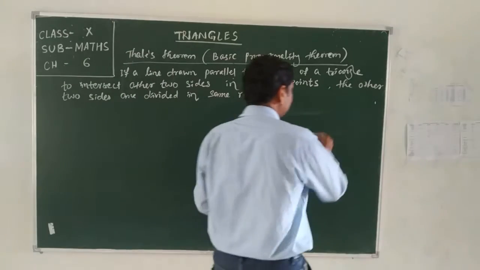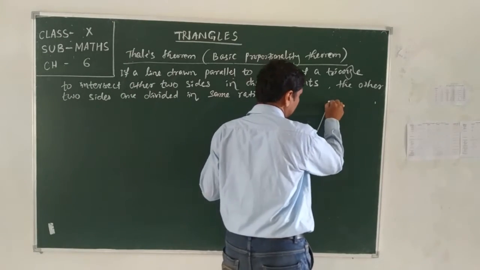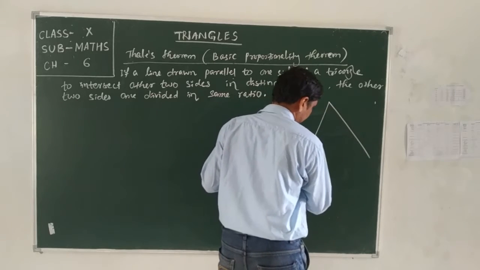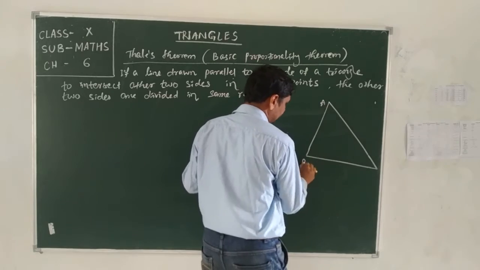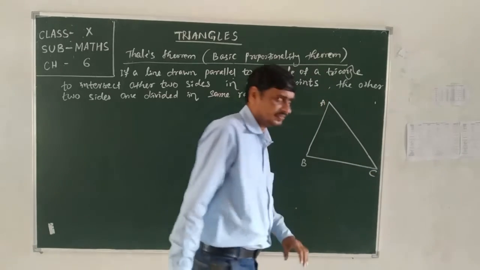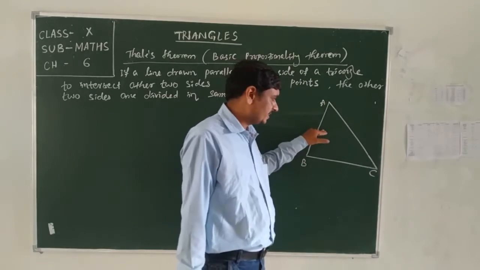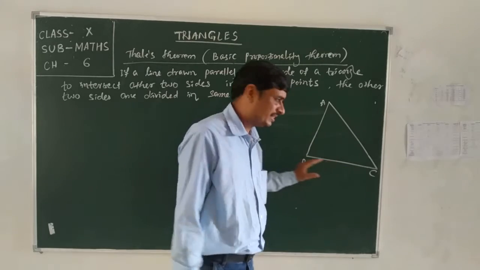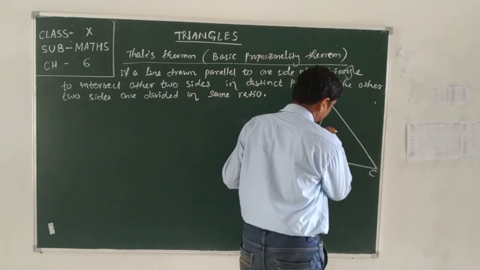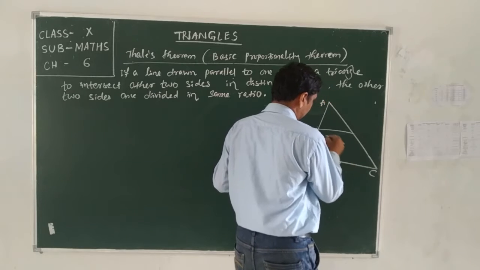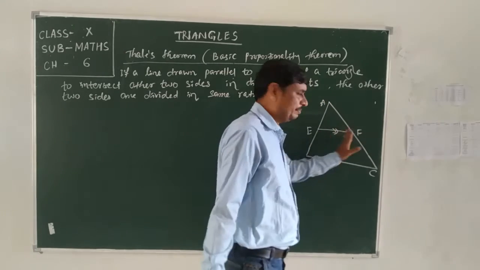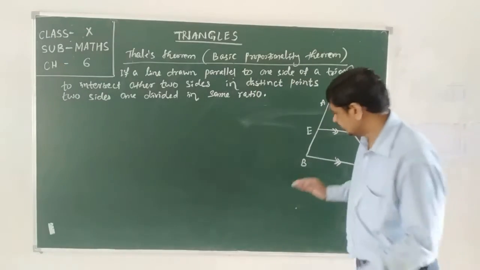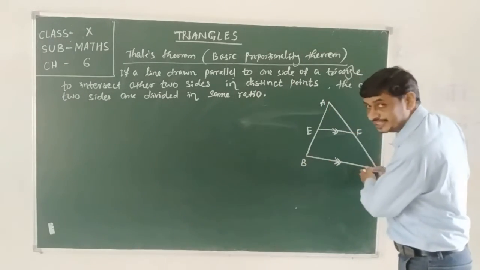That means this ABC is a triangle where a line is drawn parallel to the side BC. Here is a line drawn parallel with one of its sides. Let it be BC.